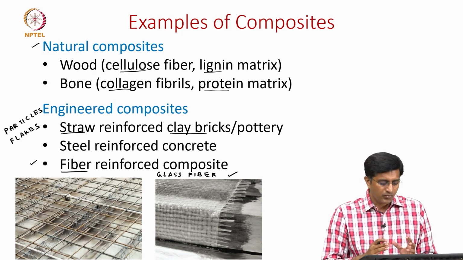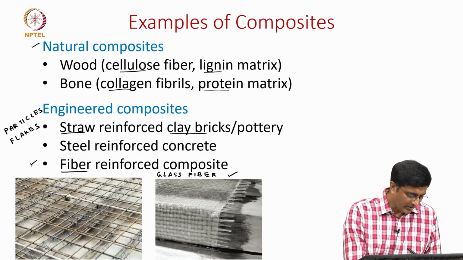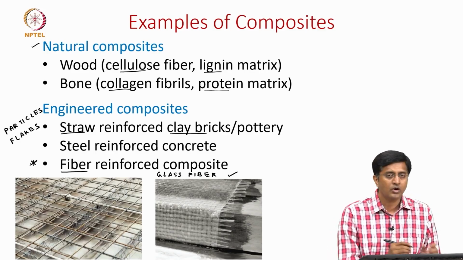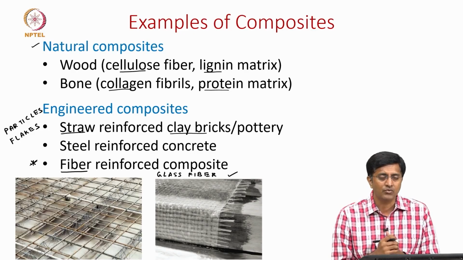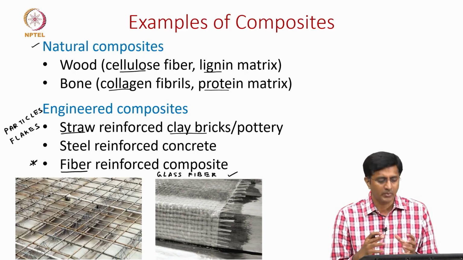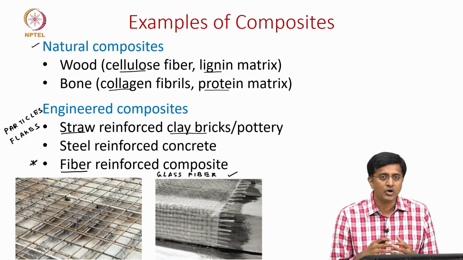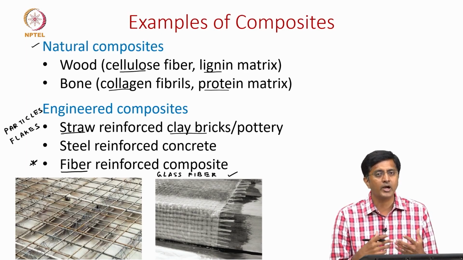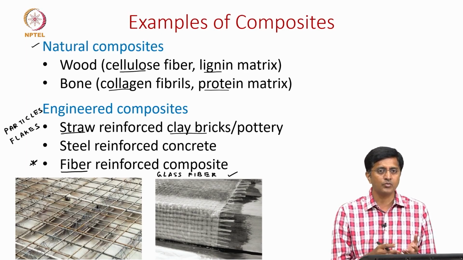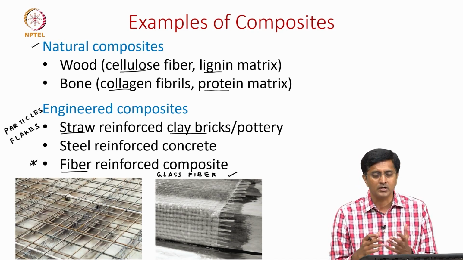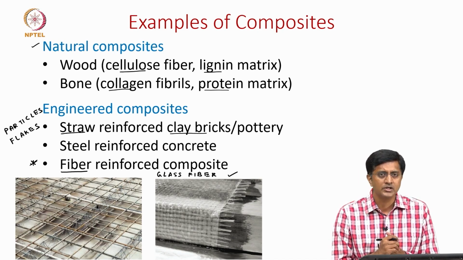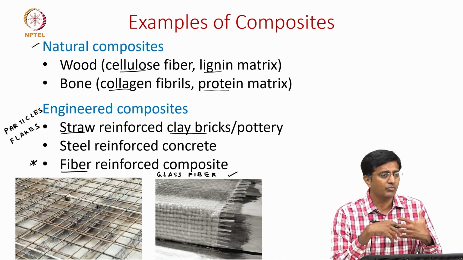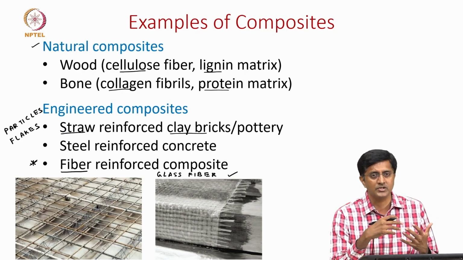But in this course we will be focusing more on fiber reinforced composites because of their unique advantages, which we will go through later. Fiber reinforced composites are good candidates for structural applications where high strength and high stiffness are the requirements. Whenever we talk about high performance applications, such as in automotive, aerospace or any other applications, we are looking to get very high strength or very high stiffness.